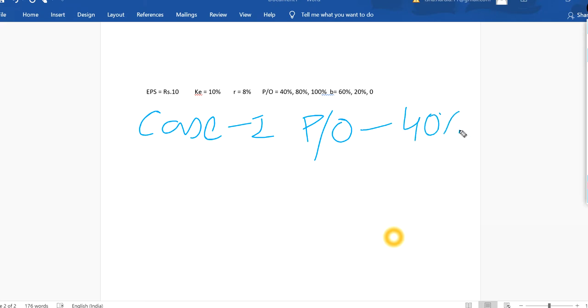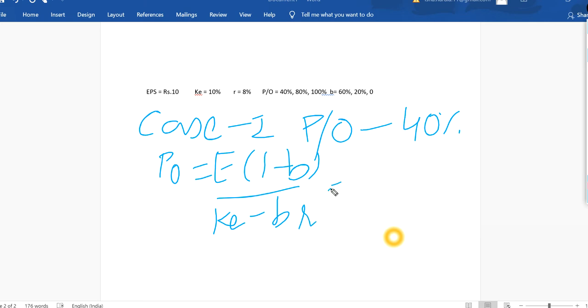The formula was P naught equals E into 1 minus B divided by KE minus BR. Here E is earning per share, which is 10. 1 minus B: now B is retention, and if payout is 40%, then retention is 60%. So we can apply 1 minus 60%, or we can directly apply 40%, which is given to us.